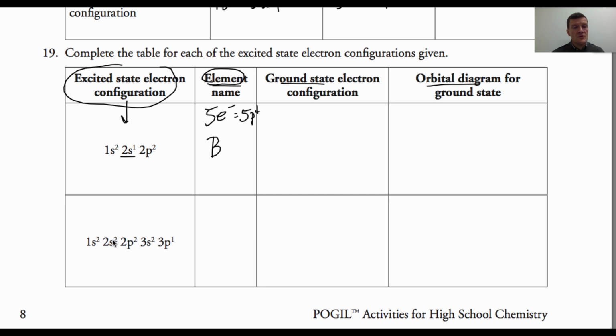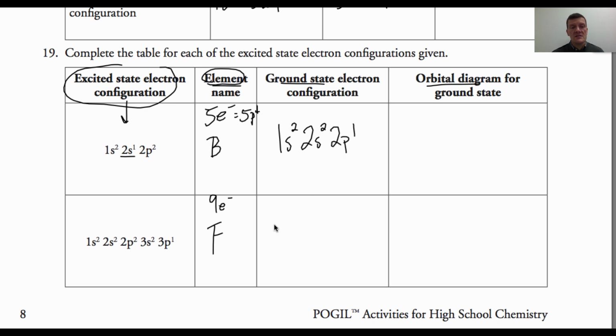Let's come down here, 2, 4, 6, 8, and 9. 9 is fluorine, we've got 9 electrons, atomic number 9. Ground state would then be, let's drop everything down to the lowest energy position, 1s2, 2s2, 2p1.